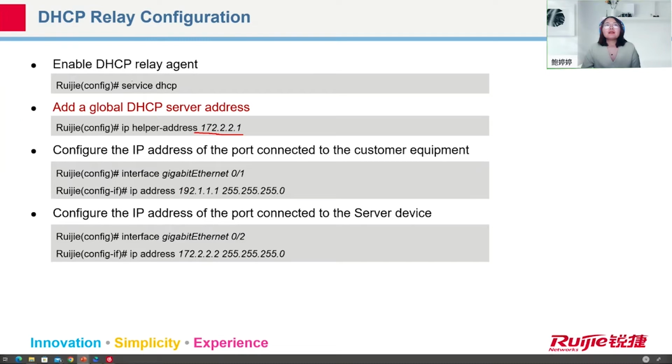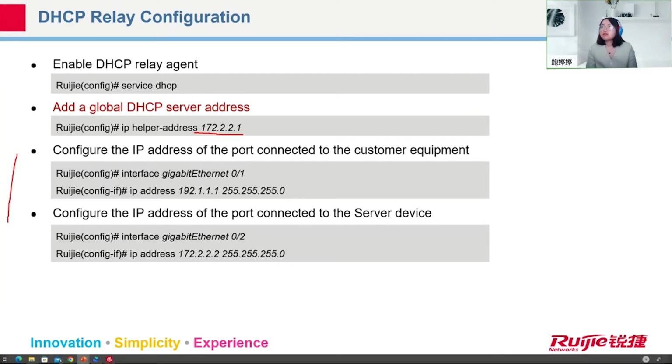And then you can configure the normal IP address, one interface to connect with the client side, and another interface to connect with the server side. Of course, these two configurations are needed even if the device is not a DHCP relay. But the special one is the second one: you have to let the device know who your DHCP server is.